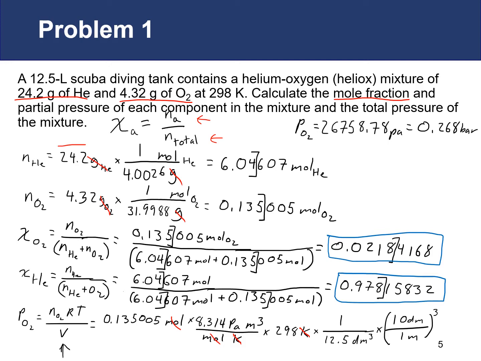Okay, we can actually do the same process for helium, right, where essentially the only thing we need to do is replace this value here with our number of moles for helium. So that would be our 6.04607, right, moles. All the rest of the numbers stay the same because it's in the same container, so it's at the same temperature.